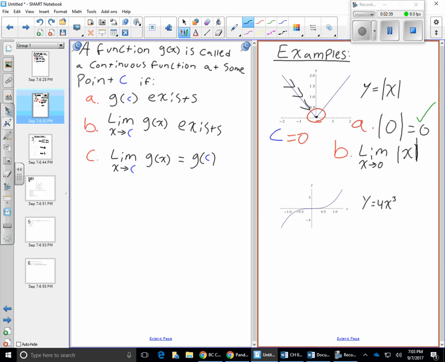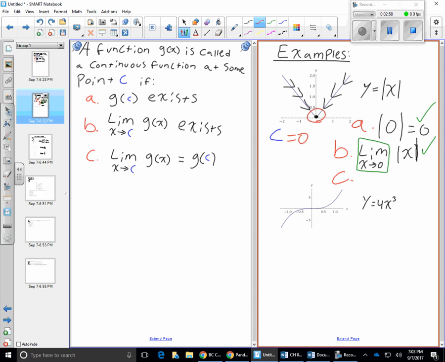Now if the right-hand limit agrees with that, then this limit does in fact exist. Well, we're approaching, approaching, and we're approaching 0. So both of these limits agree, which means the two-sided limit, which is what this is, exists. So we're happy.